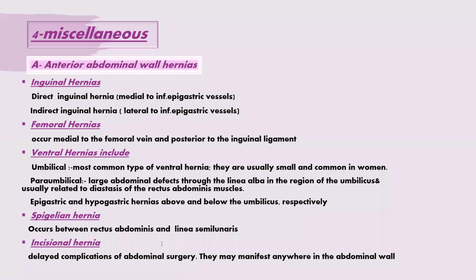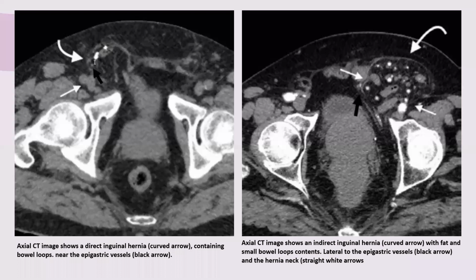Here we have an example of direct and indirect inguinal hernia. We see here a direct inguinal hernia containing bowel loops near the epigastric vessels. This is an axial CT image showing an indirect inguinal hernia which contains omental fat and bowel loops, and of course we see that it is lateral to the inferior epigastric vessels.